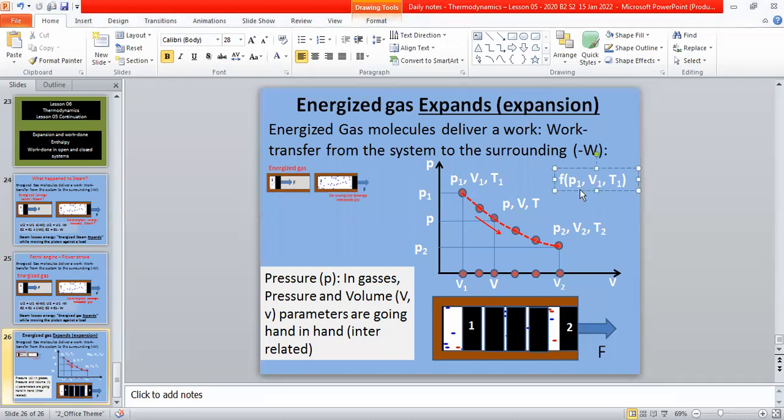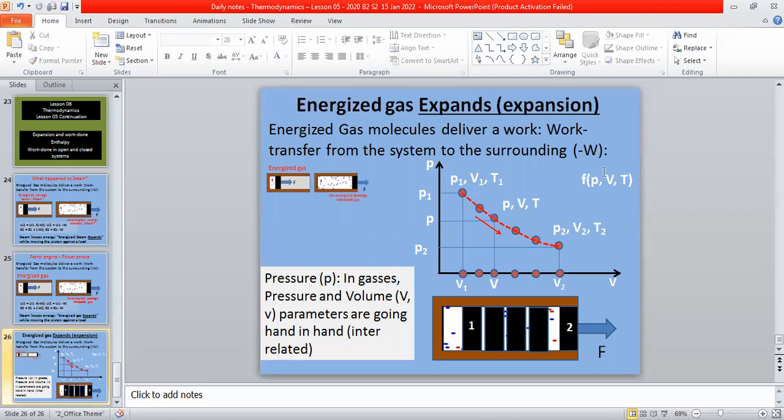We have to look into the function of PVT. Actually, I'm naturalizing your knowledge. I believe you are looking into your notes. So the function of PVT is common for all the points here: the connectivity, the parameters, the link, the connection.